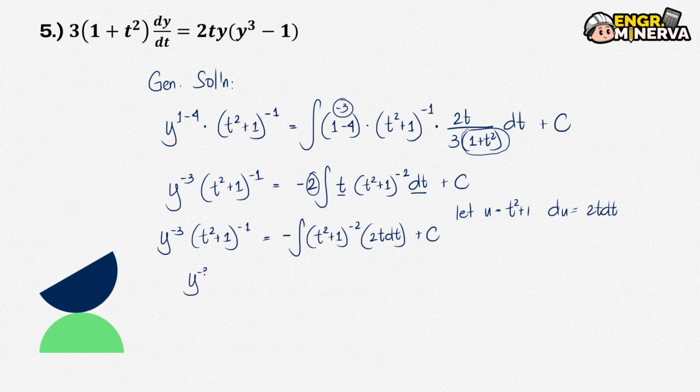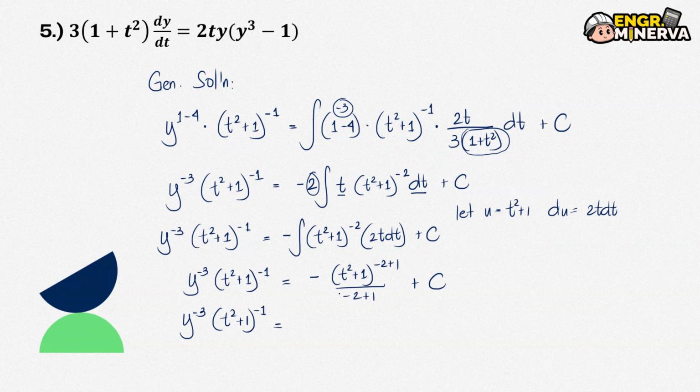Then eventually, this would be y raised to negative 3, t squared plus 1 raised to negative 1 equals negative t squared plus 1 raised to negative 2 plus 1 over negative 2 plus 1, plus c. And our final answer would be y raised to negative 3, t squared plus 1 equals, so negative 2 plus 1 is negative 1, so t squared plus 1 raised to negative 1 plus c.